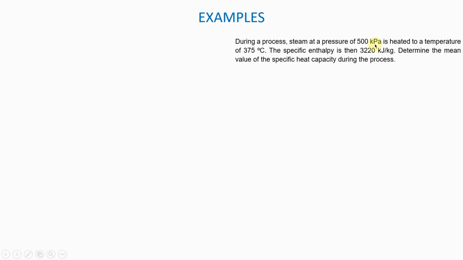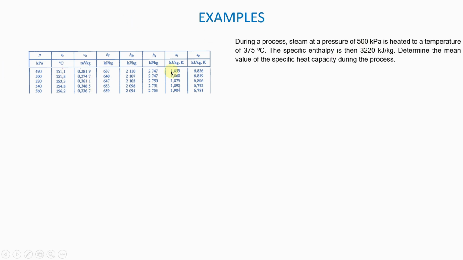So from the steam tables, we can find the saturation temperature for steam at 500 kilopascals. If you look at the steam tables here, this row is for 500, and you can see that Ts for 500 is 151.8 degrees Celsius.